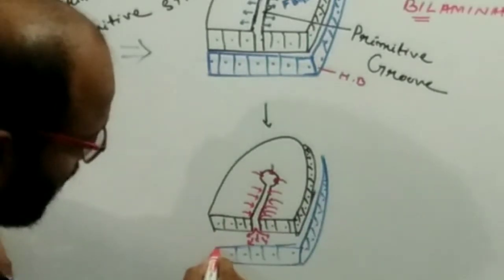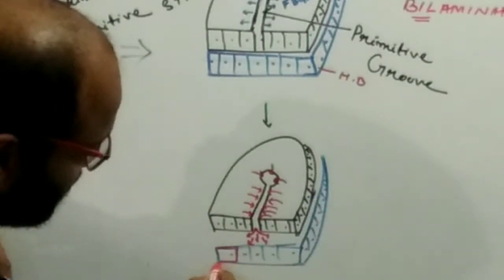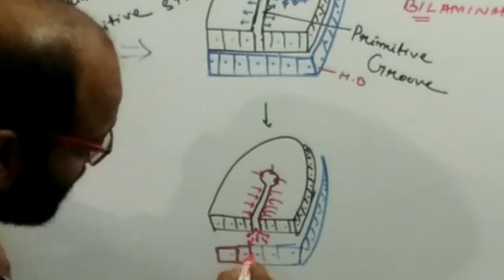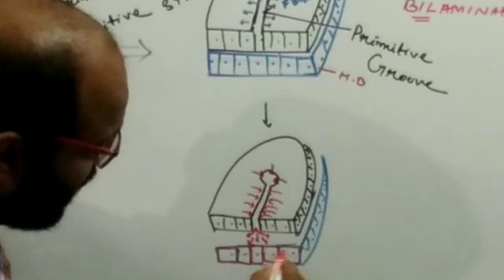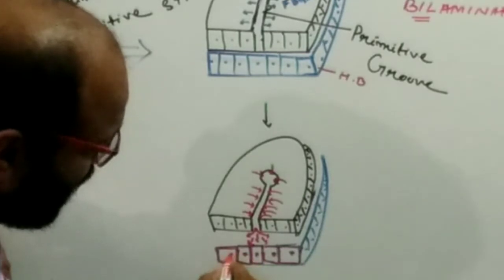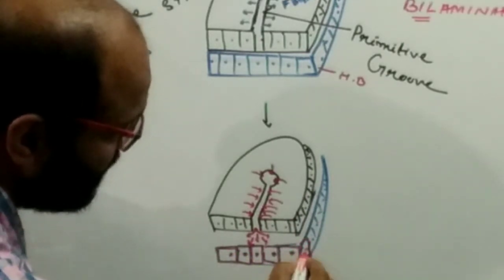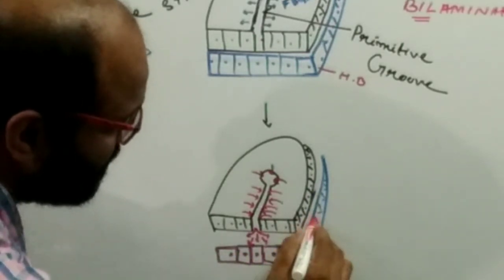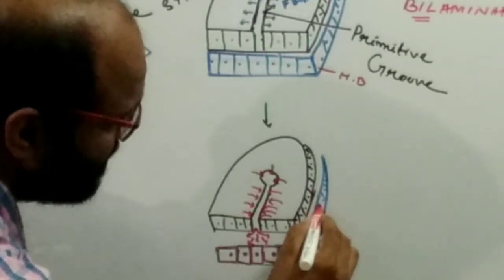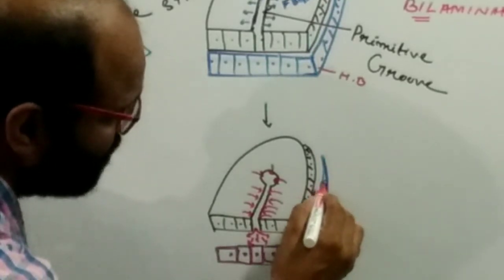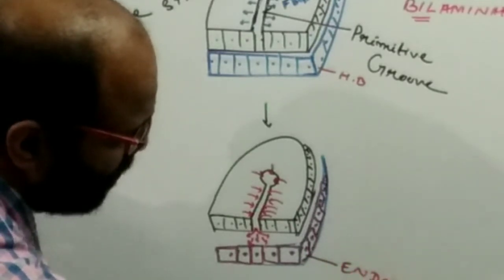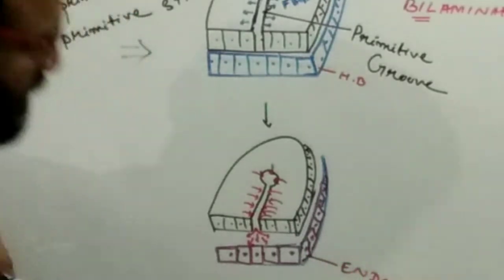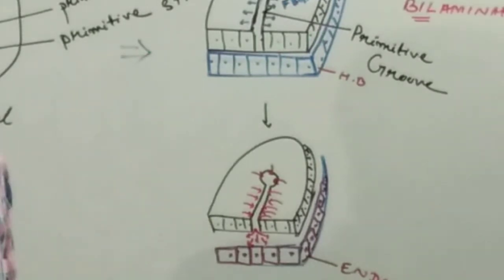The coming cells replace the hypoblast cells, and which forms the endoderm. This is known as endoderm.